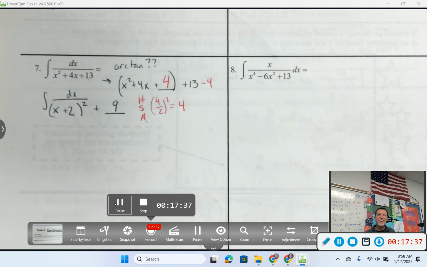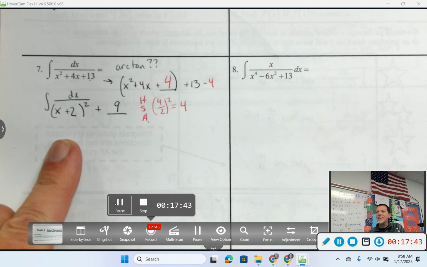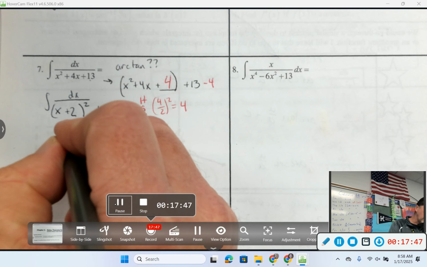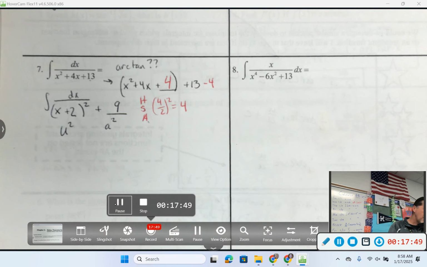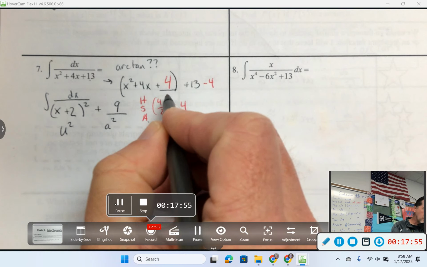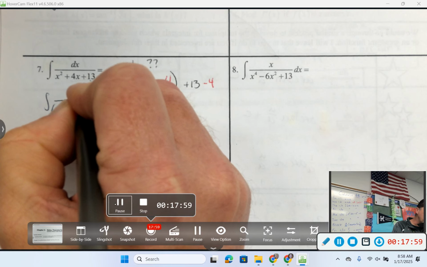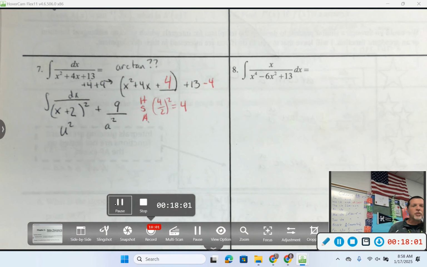Why did I have to do that? I wanted it to look like number 6, basically, because I want a u squared and an a squared. Do you do that for every one? Do you put a negative at the end? So the other way to do that is if you know that it's just 4 that's needed there, some people just split up the 13 into 4 and 9.